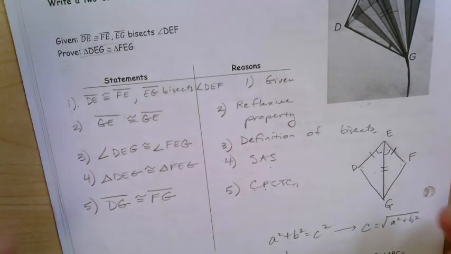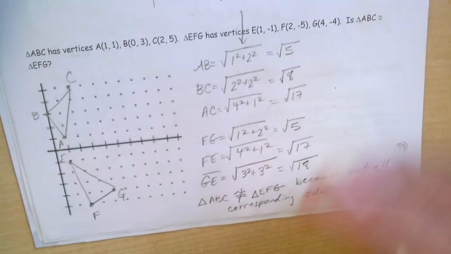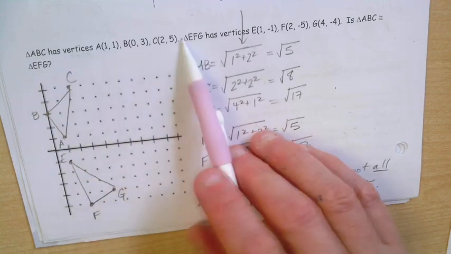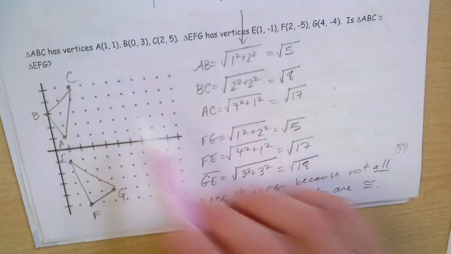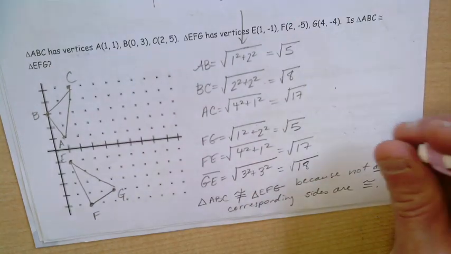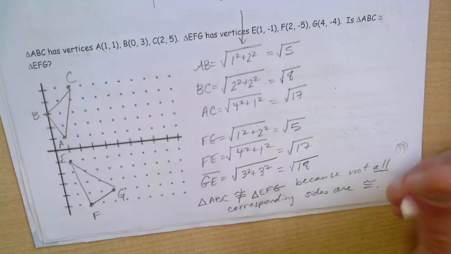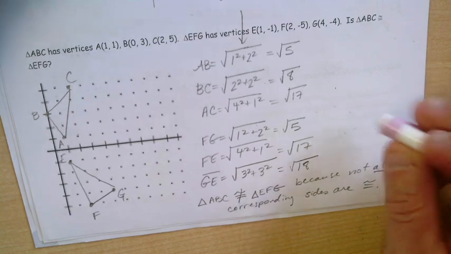All right. Now, to finish things up, I wanted to show you a couple of things here. First of all, we have this graph down here, and it's saying, hey, I have a triangle ABC, and then I have another triangle EFG, and we want to know if those two triangles are congruent to each other. In the coordinate plane, the only thing you can do to prove congruency or lack of congruency is your distance formula, okay, using side, side, side.